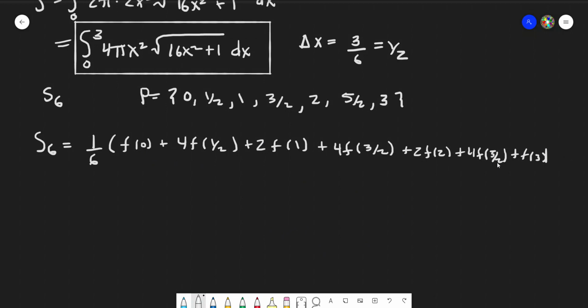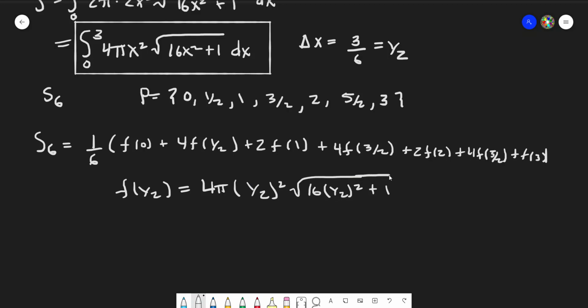Now, in either case, when you plug in 0, you know that you're going to get 0. Now, if you look at f of 1 half, what is f of 1 half? F of 1 half is 4 pi times 1 half squared times the square root of 16 times 1 half squared plus 1.